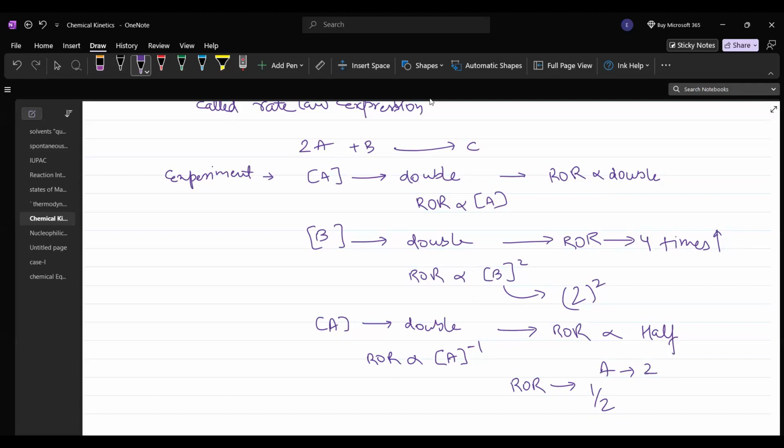So the dependency of rate of reaction on the concentration of reactant can be anything. Got my point?